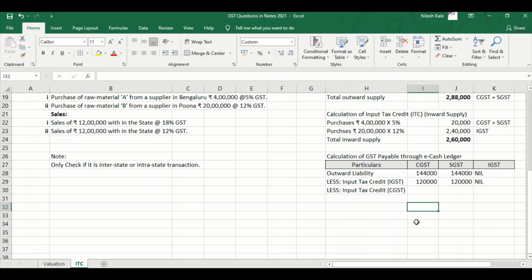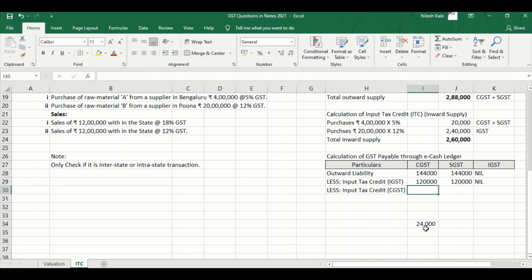I will calculate here for your understanding. We have 1,44,000 outward liability, right? Input credit, how much we have given? 1,20,000, right? Minus 1,20,000, 24,000 is still to be given, right? 24,000 we cannot give directly.